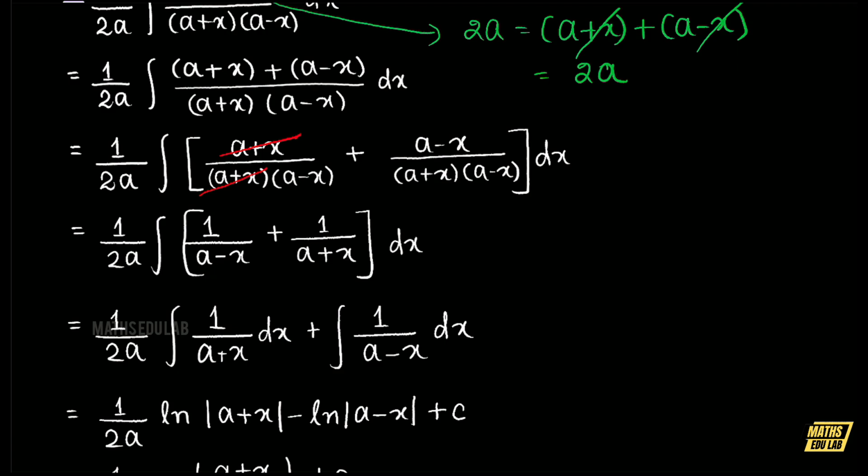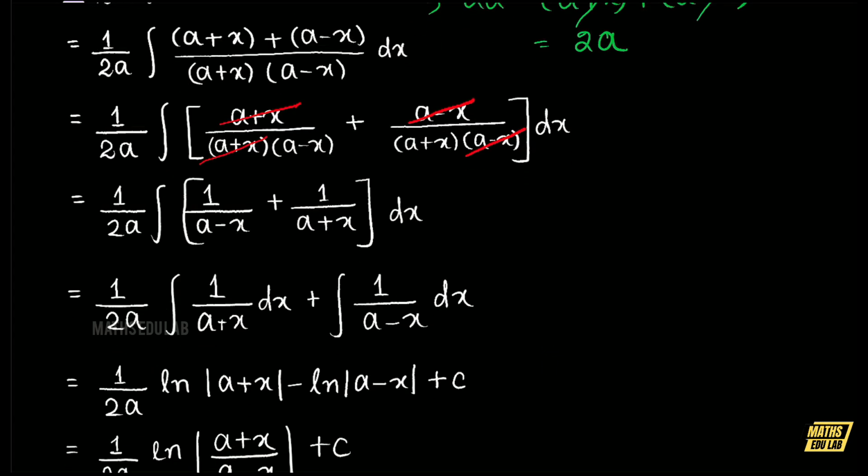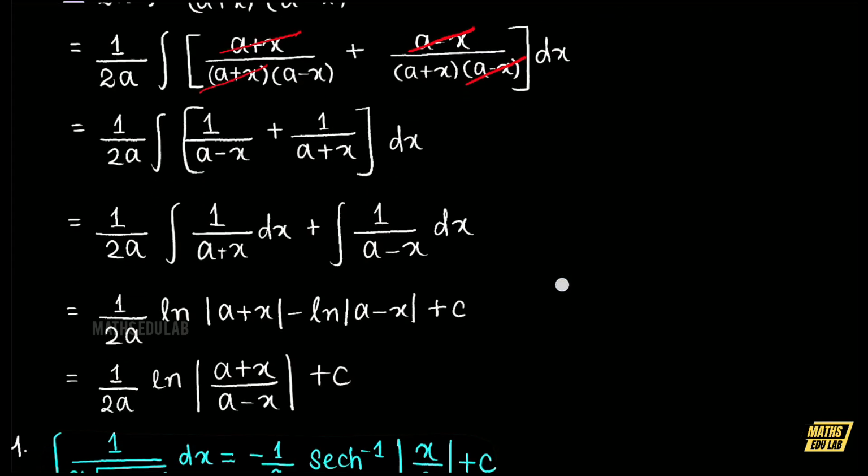And similarly here a minus x will get cancelled out and the remaining will be 1 upon a plus x. Now take the integration individually, that means 1 upon 2a and the integration of 1 upon a minus x dx plus integration of 1 upon a plus x dx. I have just written the positive value first and then the negative one.